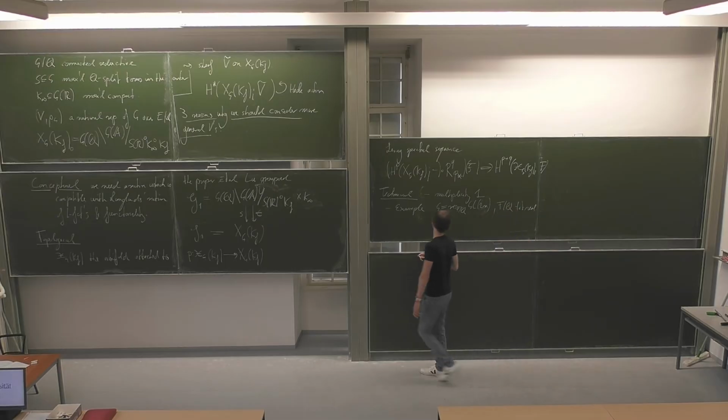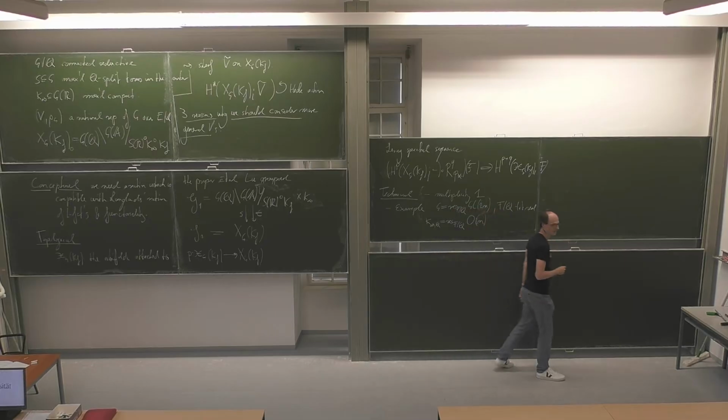So in this case, you can consider some rational model of K, which is just the restriction of scalars of the standard model of the orthogonal group over F. And inside, of course, you have the connected component of the identity, which is just the restriction of scalars of SO_2.